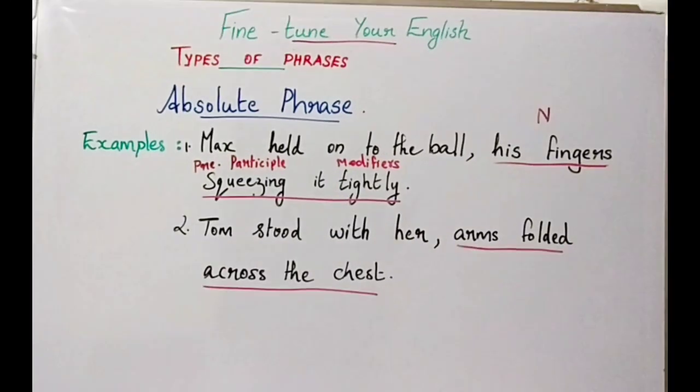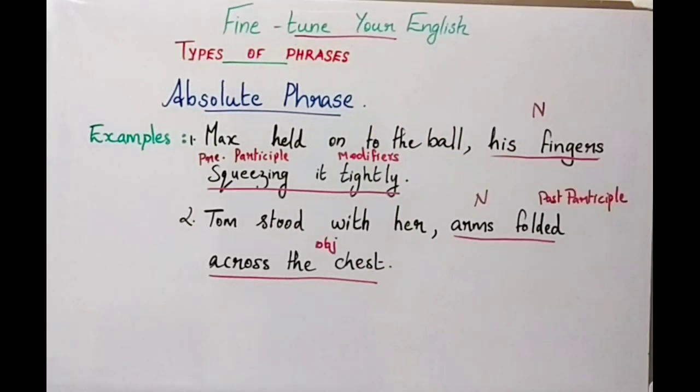Then see the second example. Tom stood with her arms folded across the chest. Here in this sentence, arms folded across the chest is the absolute phrase. And you can see arms is a noun, folded is a past participle form of the verb. See, it is not present participle, it is past participle form of the verb, and across the chest is the object.